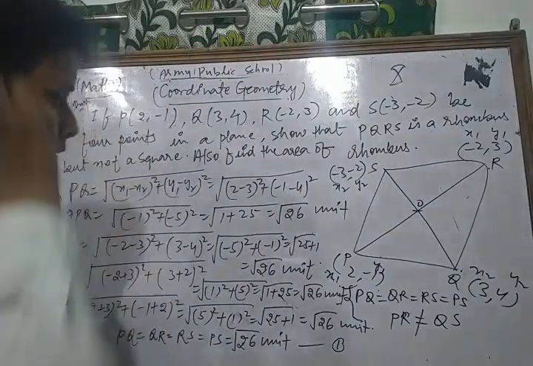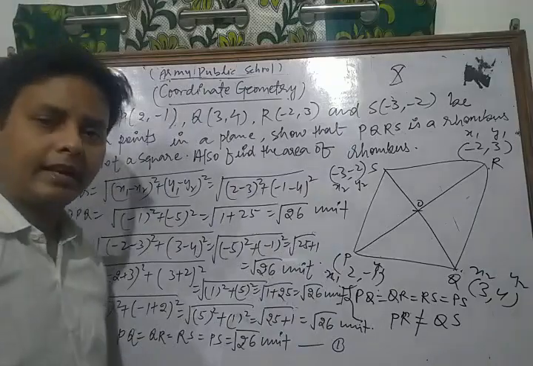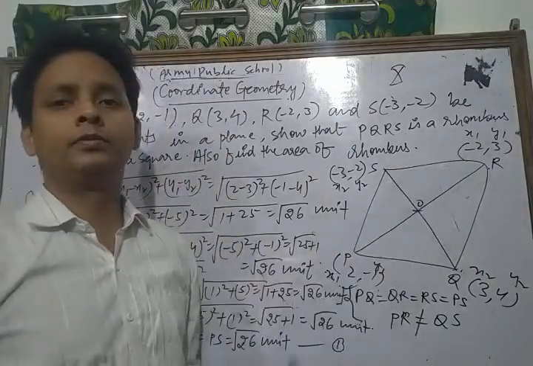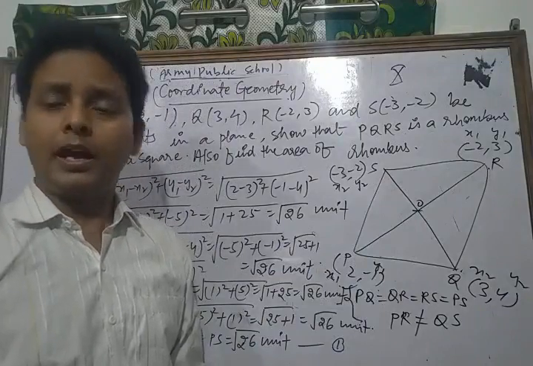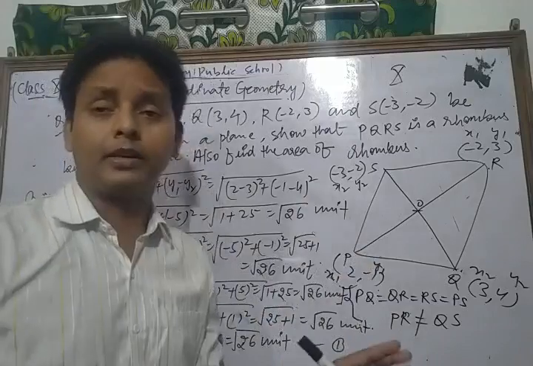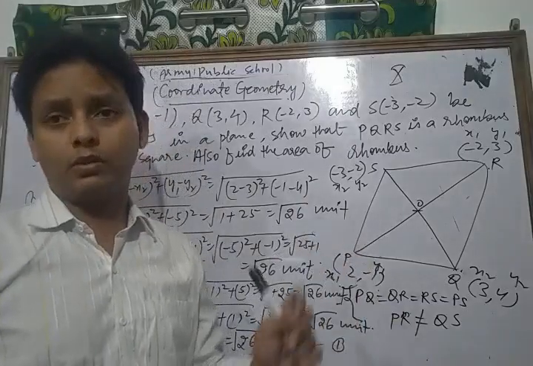Okay. Now to show that this is a rhombus but not a square, we must find their diagonals. In a square you know that the diagonals are also equal, but in a rhombus the diagonals are not equal to each other.